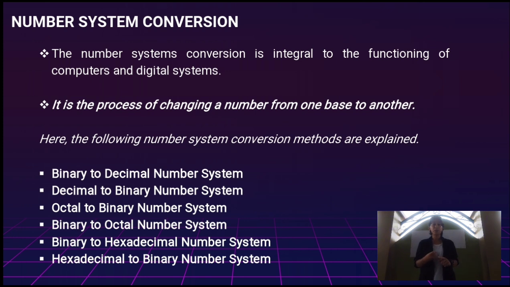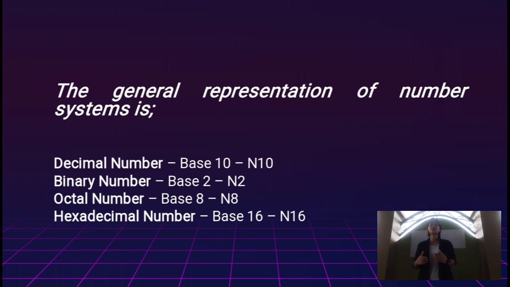And also, we have the general representation of number systems: the decimal number, which has a base of 10; the binary number, which has a base of 2; the octal number, with a base of 8; and the hexadecimal number, which has a base of 16.